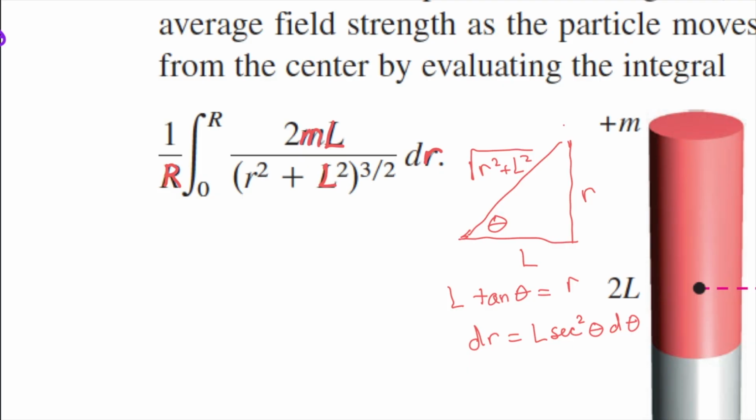Next, we want to substitute into our equation. Into our integral, we have 1 over capital R, integral from 0 to R. We have the 2ml. Let's put that outside. 2ml is now outside. Now 1 over your r squared plus l squared. We didn't work that out. Let's go back. We have the square root of r squared plus l squared.